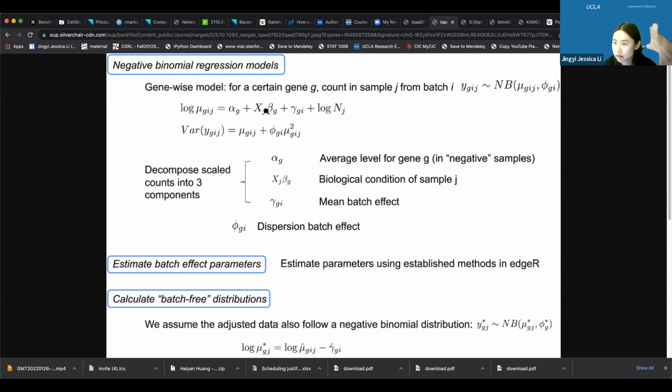This is regardless of sample. It's common for all samples because this Xj is just what we call sample J's feature or sample J's covariate. It's just taking 2 values, 1 or 2. And you can see that beta G is the difference between the 2 groups.